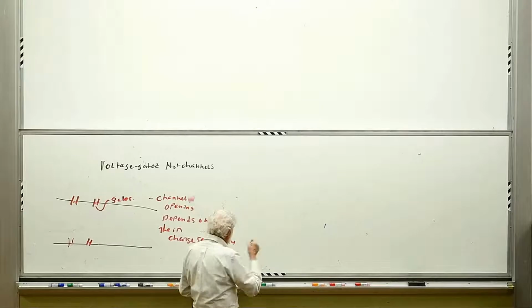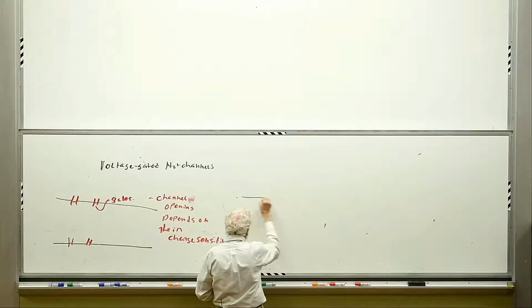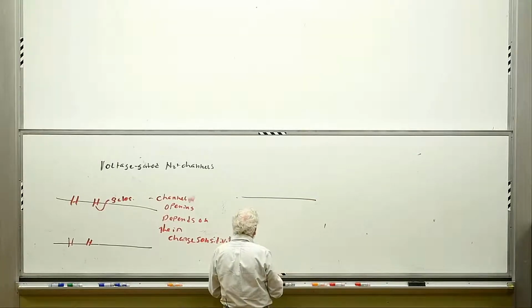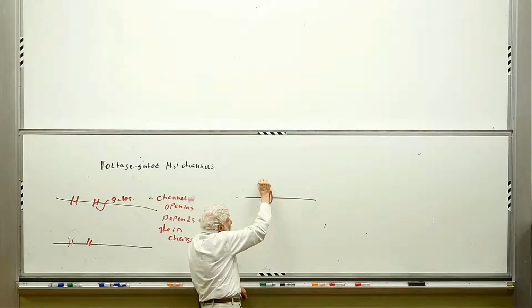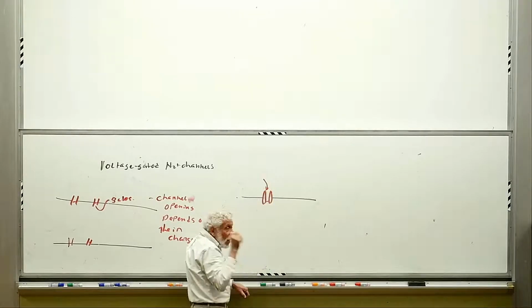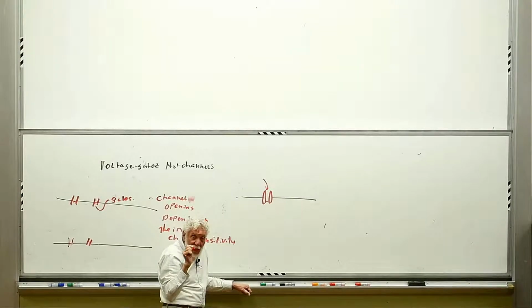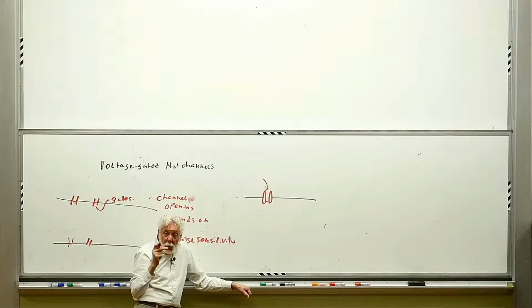Now, another way of thinking about that is that if we have this membrane, and across the membrane we have a channel, and it has a gate on it, the sodium is trying to come down through that channel, down its concentration gradient, but it can't get in because the gate's closed. So the question we want to ask now is, how do we open the gate? The simple answer is charge.